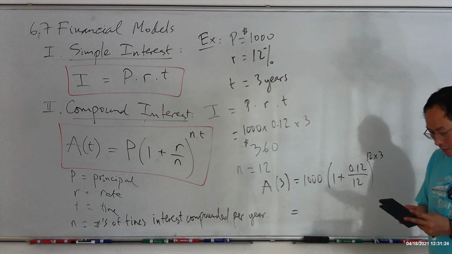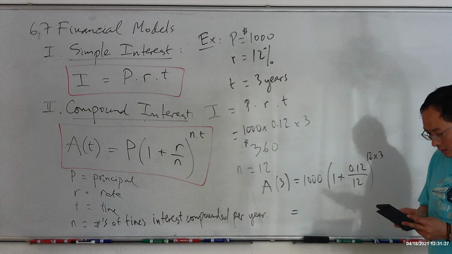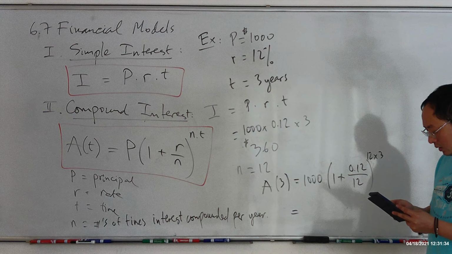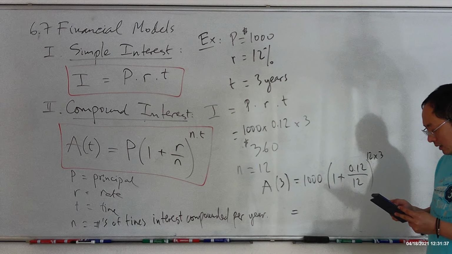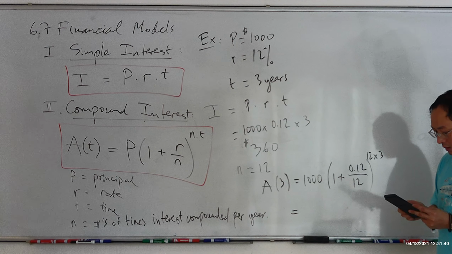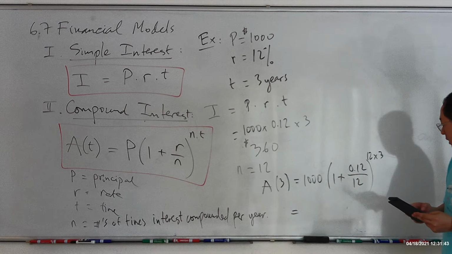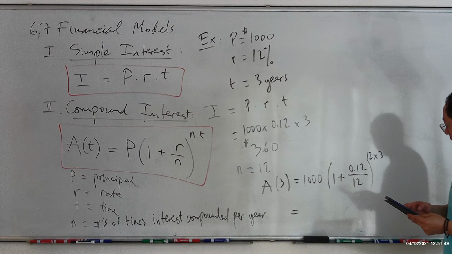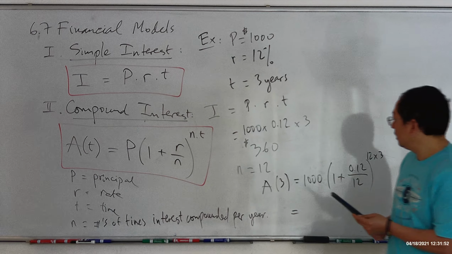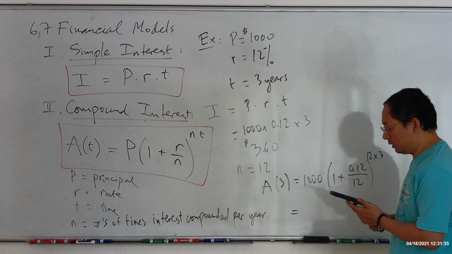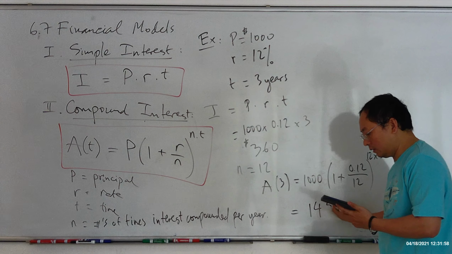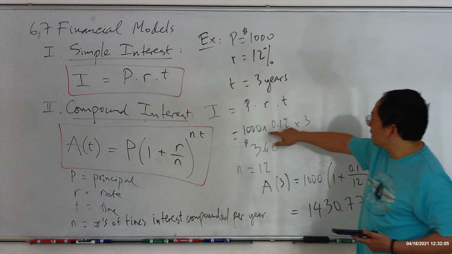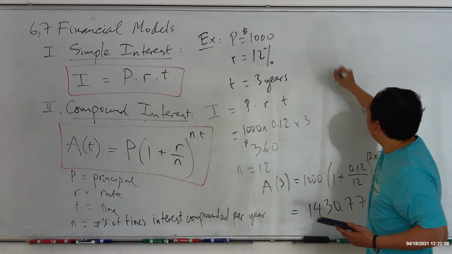See, we have 1,000 times 1 plus 0.12 divided by 12, close the parenthesis, and then raised to the power of 12 times 3, which is 36. 1,430 and some cents. 1,430.77.